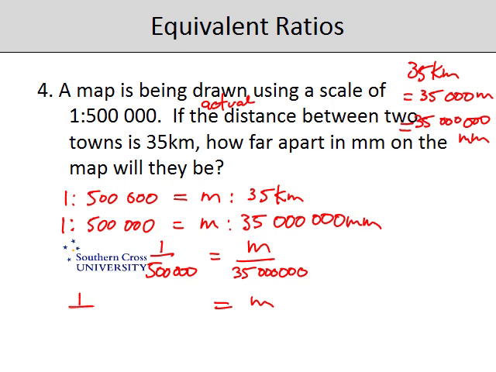So it will be 1 on 500,000 times by 35 million. 35 million divided by 500,000 is 70. So the distance on the map will be 70 millimetres or 7 centimetres.